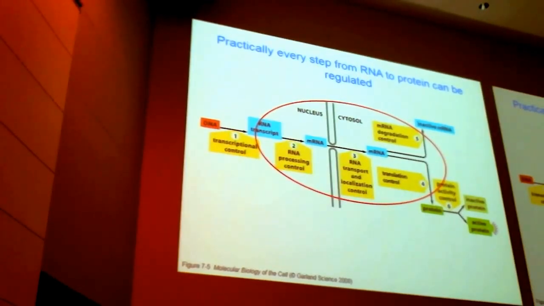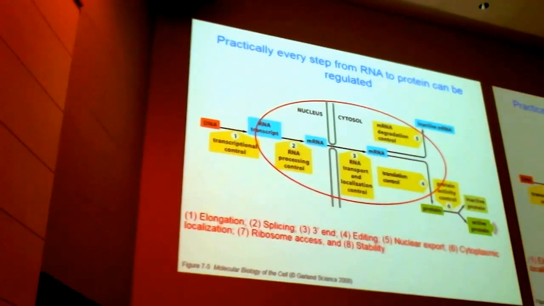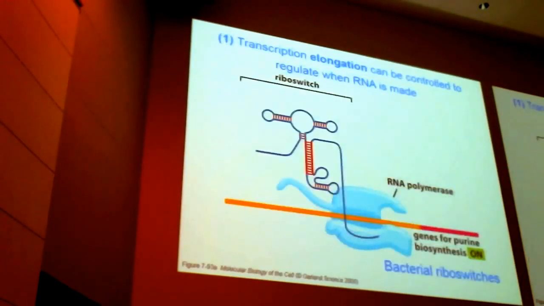So the easiest way to think about it is just think of the remainder of the lecture as just marching along this continuum of you've decided to make RNA. From then on, at what step can you regulate and how are you regulating? And we'll only discuss one specific example going forward. Elongation, splicing, 3' end, etc. So we begin with elongation.